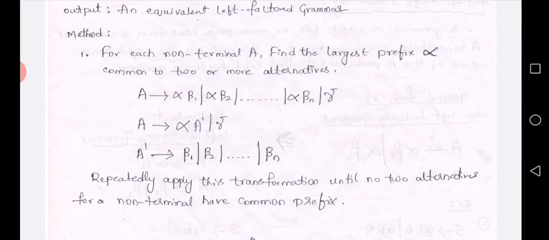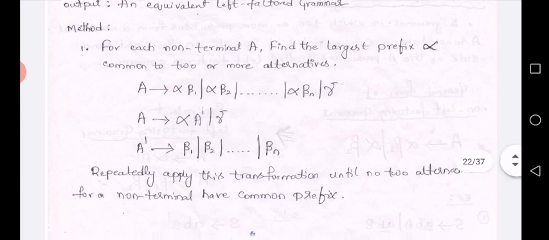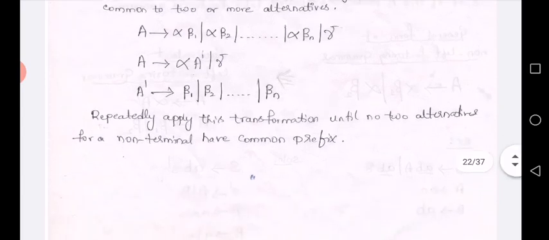So for example, A derives alpha beta 1, or else alpha beta 2, or else up to alpha beta n, and finally we have gamma, another possible value of A. Then we can write this as A derives alpha A dash or gamma, exactly. Then A dash will be either beta 1 or beta 2 or up to beta n, exactly.